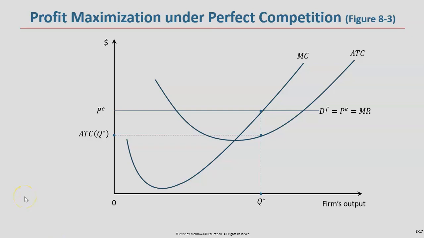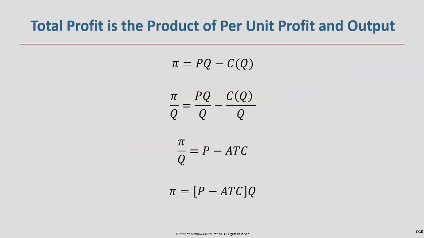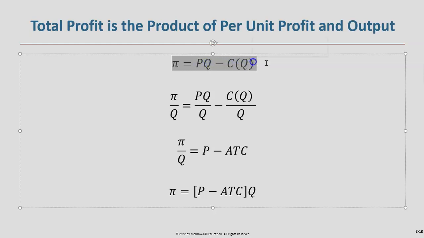Okay, and we can determine the amount of profits that are earned in this situation by recognizing that the total profit is the product of per unit profit and output. So let's just work through these equations. The business firm's profit equation is price times quantity, or total revenue, minus cost of production. They depend on output.